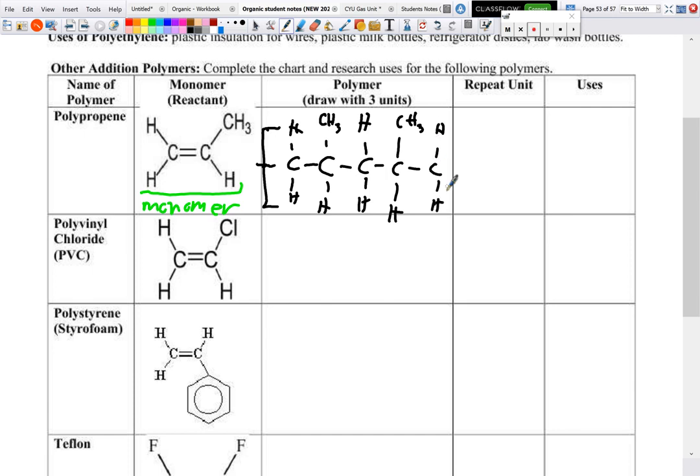And then our third repeating unit looks like that. Alright, so this is how we have 1 unit, 2 units, and 3 units. So obviously, I don't have enough space right here, but I'm just going to highlight our repeat unit.